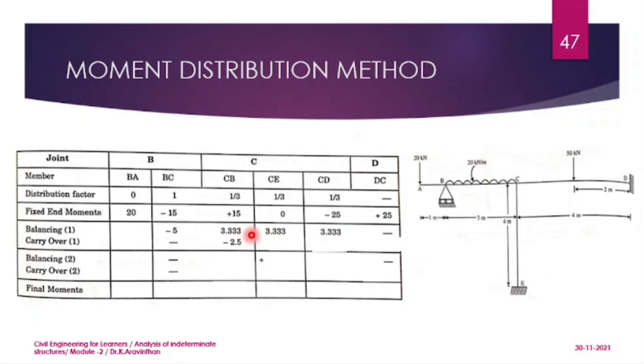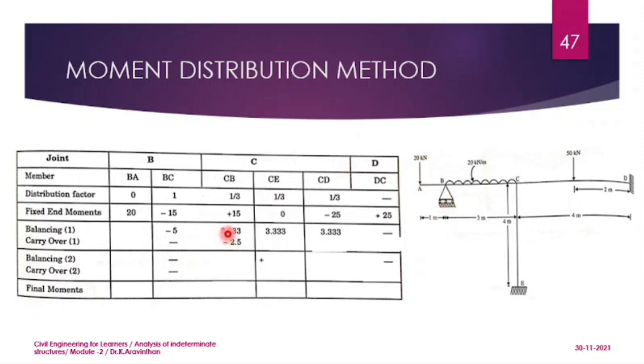What is the CB moment? The CB moment is 3.33. So if you are carrying half the moment to BC, what is the support B? Support B is hinged. Does a hinged support take any moment? No, it is not going to take any moment.